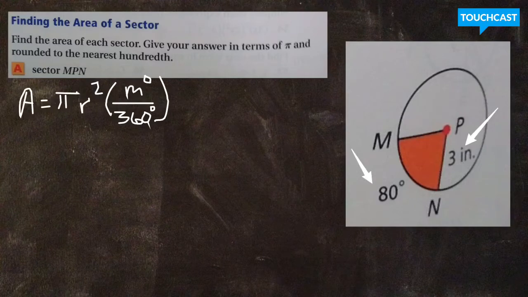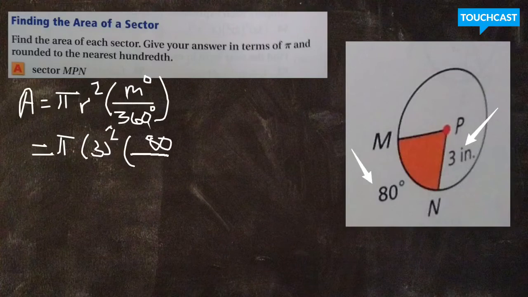Alright, so we know the radius and we know the value for m, so let's plug those in for r and m. Our area will be pi times 3 raised to the second power times 80 over 360.